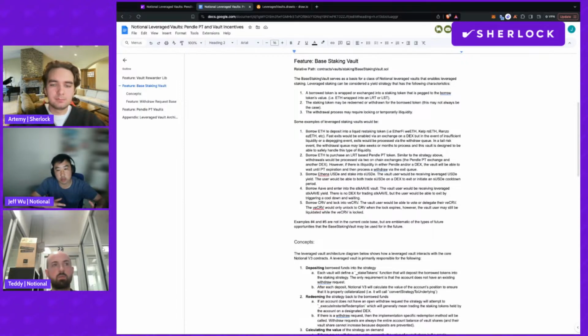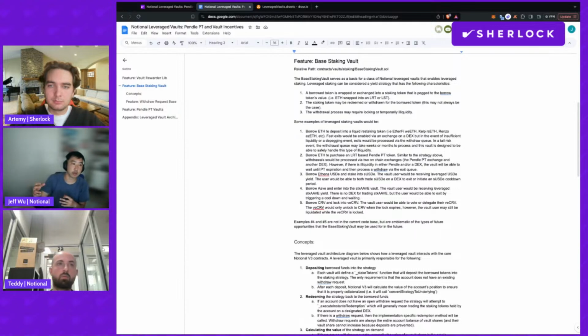The single-sided LP strategy is built around the concept of borrowing one token and going into a liquidity pool where the assets are roughly pegged or trade in line with each other, like a stable pool, in anticipation that there are incentives given to LPs for providing liquidity. That's the idea of that strategy, and the leverage vaults allow users to amplify the returns on that kind of activity.